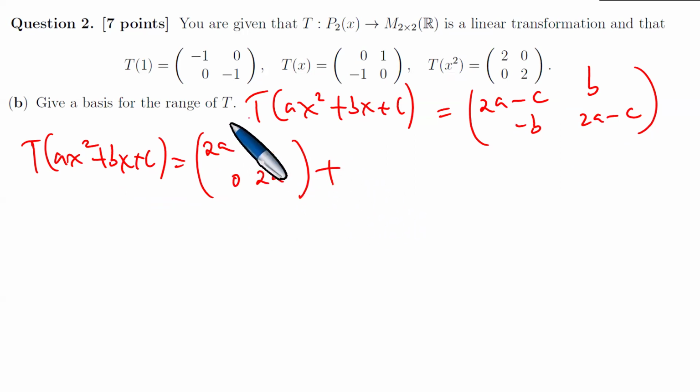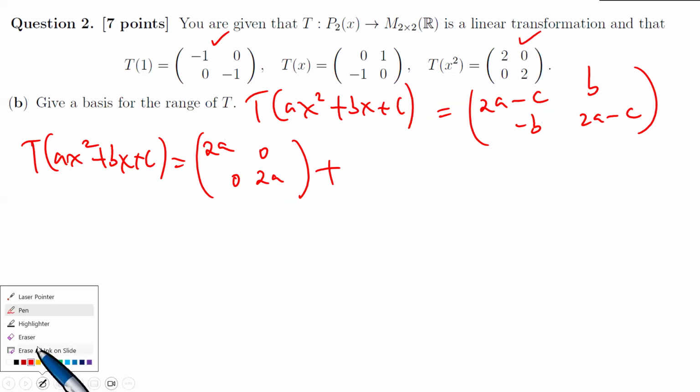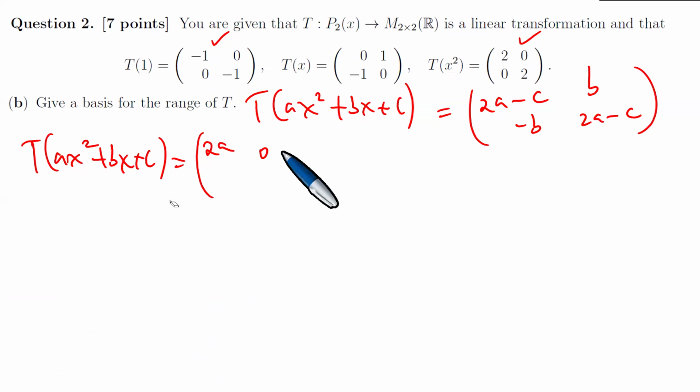If you split this up and see these images, you get to these particular elements. One way to see a basis for the range is to pick like this. It's easy like that. Okay, there are duplicate vectors here.